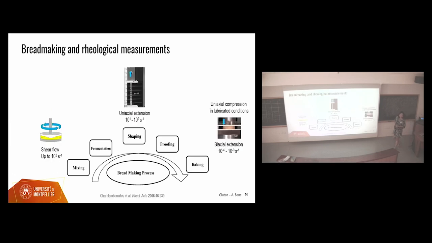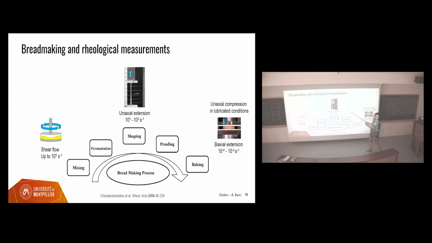But if we want to get a physical picture of our system, we have to perform rheology. So we have to use shear flow with high shear rate if we want to understand what happens during mixing.